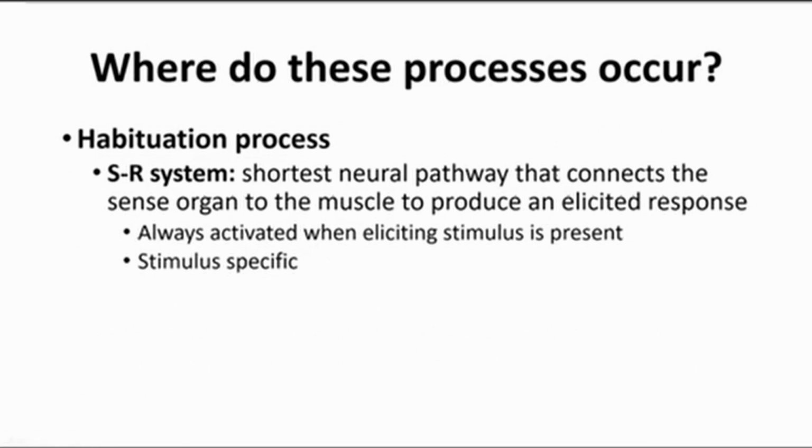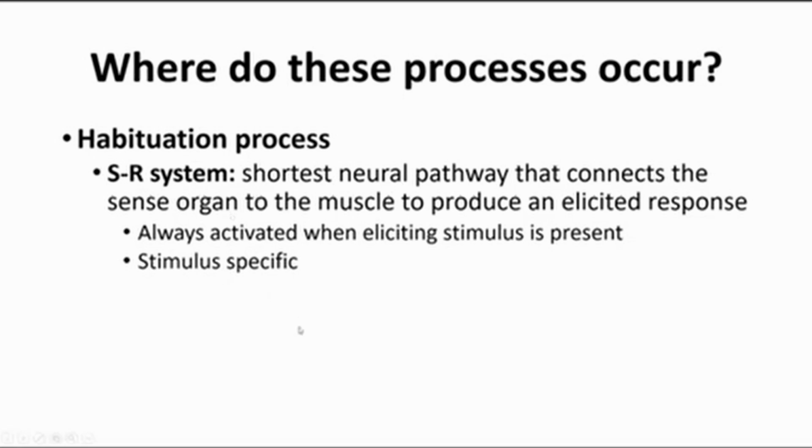All right, so where do these processes occur? In the research that proposed these two different processes, Groves and Thompson suggested that the sensitization and the habituation processes occurred in different parts of the nervous system. So they said that the habituation process happens in the S-R system, or the stimulus-response system.